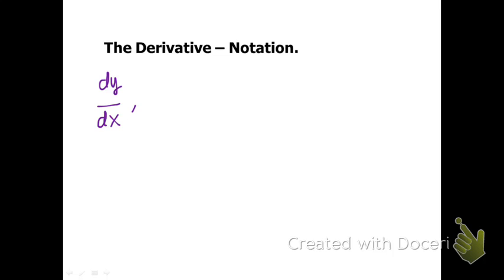Another example might be if you have f of x and they want you to find the derivative of that function, you can find something like this. They are asking you to find the derivative of f of x. Also, if your function is denoted as y or g, for example, you are going to have something like this, g prime. They are asking you to find the derivative of g with respect to x.